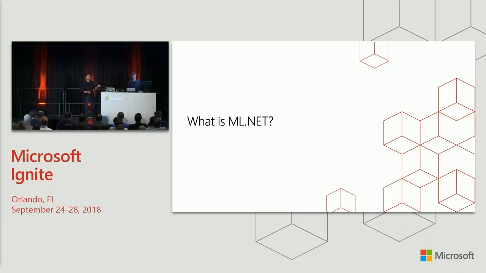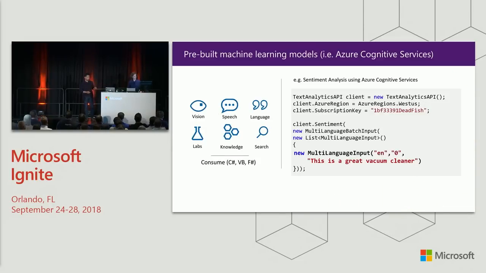Before we go further, I just want to give you a little background about what ML.NET is. As you're starting with machine learning, one way to get started is to use pre-trained ML. On the Microsoft stack, Azure Cognitive Services provides a great way to get started with pre-trained ML.